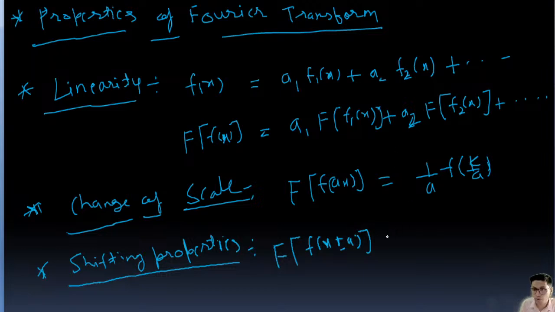Okay, so this is going to be e to the power minus plus iota ak times F(k). So the Fourier transform of f(x plus minus a) is equal to e to the power minus plus iota ak F(k). So this is the shifting property, guys.